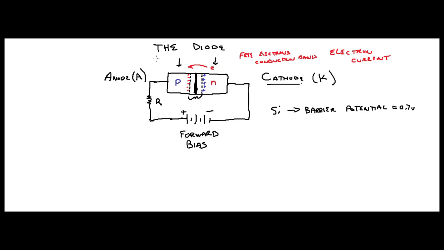So what they're going to do is drop down, and here on this side they're going to go back into the valence band, and you're going to have what is termed hole current. Got it? Electrons in the conduction band, they go across the barrier, they lose energy, they drop into the valence band, and here you have hole current.